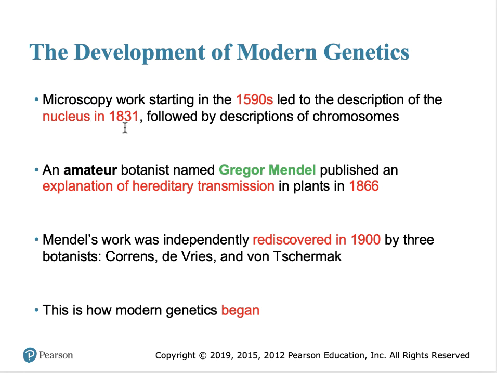Just a few decades later, an amateur botanist who happened to be a monk named Gregor Mendel published a scientific paper where he tried to explain how pea plants inherited certain characteristics. And we're going to look at those in a future chapter. And this took place in 1866.